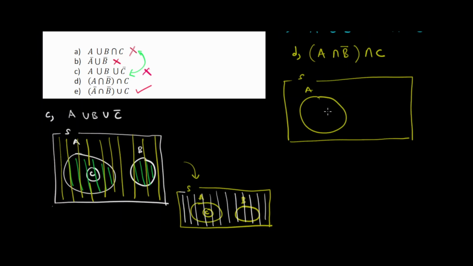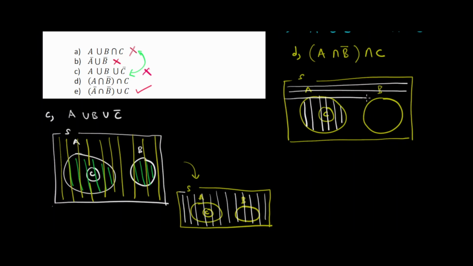A, C, B. Now, when we say A intersecting not B, let us shade A using these vertical lines. But it is intersecting not B. So let us shade not B. When we shade not B, let us use flat lines.